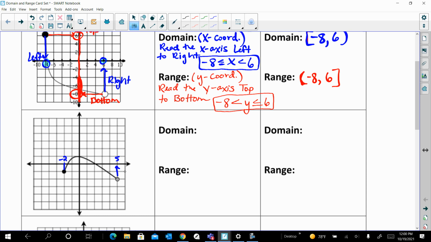It's a closed circle, so that's bracket -2, comma, 5, parentheses, because it was an open circle. So this inequality would be -2 is less than or equal to x, which is less than 5.